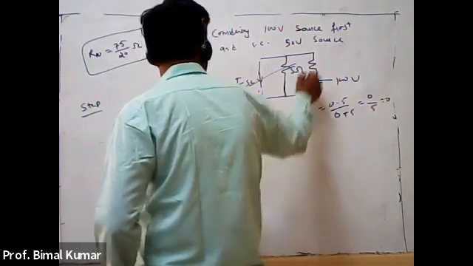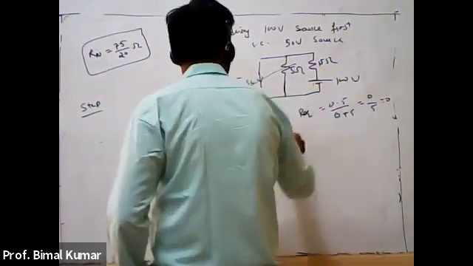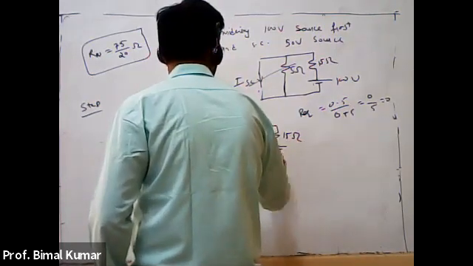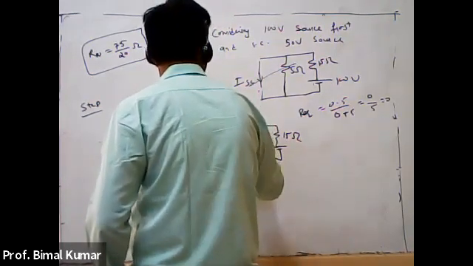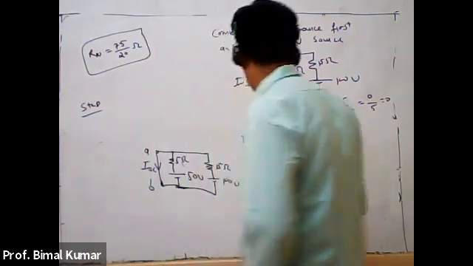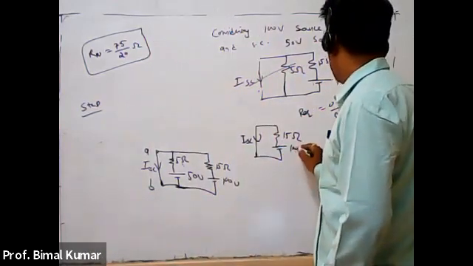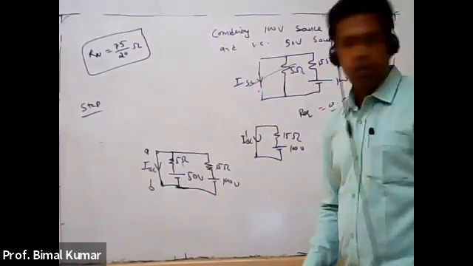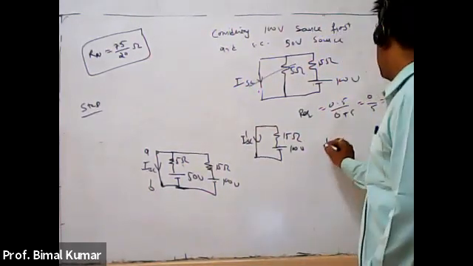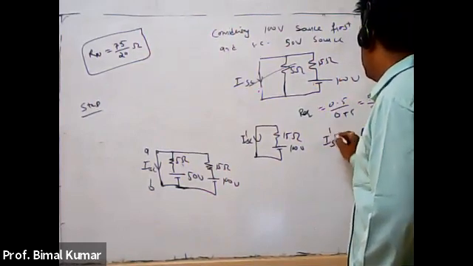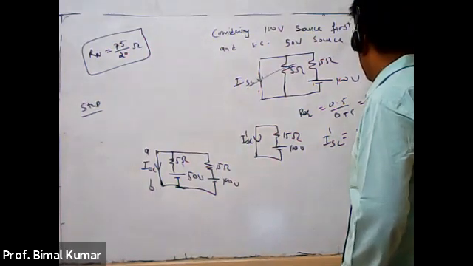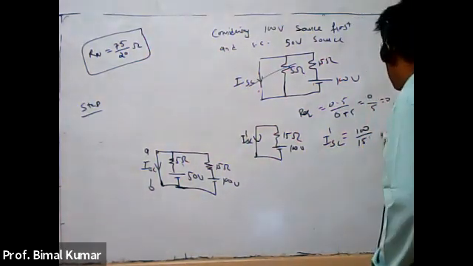So then this will be 15 ohm resistance, and now here I am going to calculate ISC, with 15 ohm and 100 volt. So let us suppose this is your ISC dash, right? So here ISC dash is equal to V by R, 100 by 15, right?